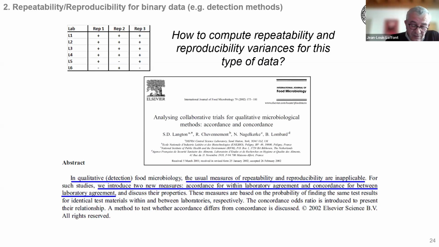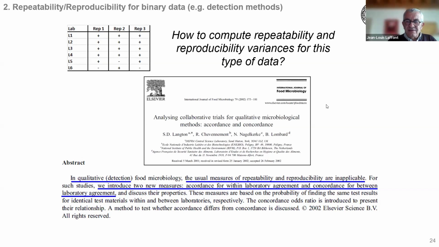This is the methodologies I showed you previously. And for this, they have introduced 2 new measures: accordance, which is the equivalent of repeatability for this type of data, and concordance, which is the equivalent of reproducibility for this type of binary data.